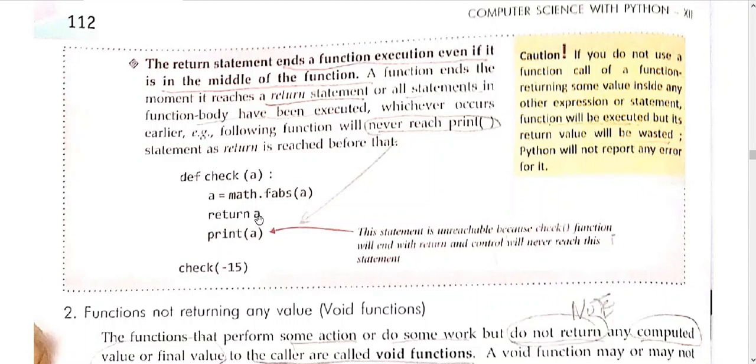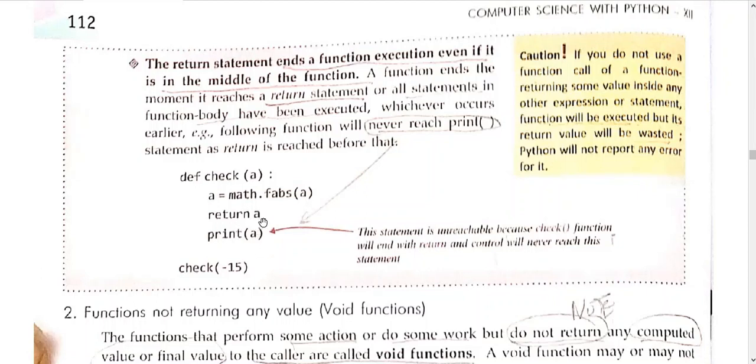Then a will return this value to be checked, and it is printed here. What it is trying to say here is that if a return statement is written in the middle of the function, then whatever statements are written after it will not be reachable.